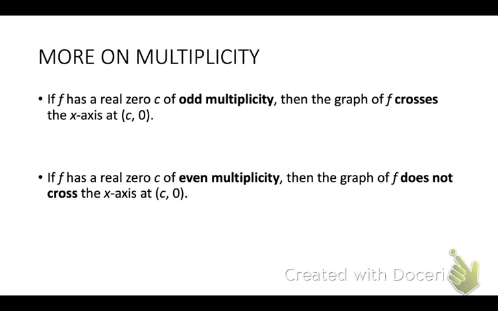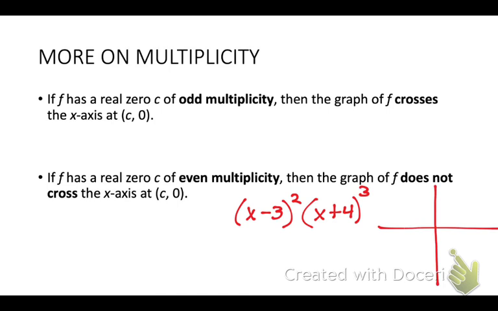So why does this matter? If we had something like (x minus 3) squared times (x plus 4) cubed, and I needed to do a rough graph of this, well, I know I'm going to have x-intercepts at positive 3 and negative 4.